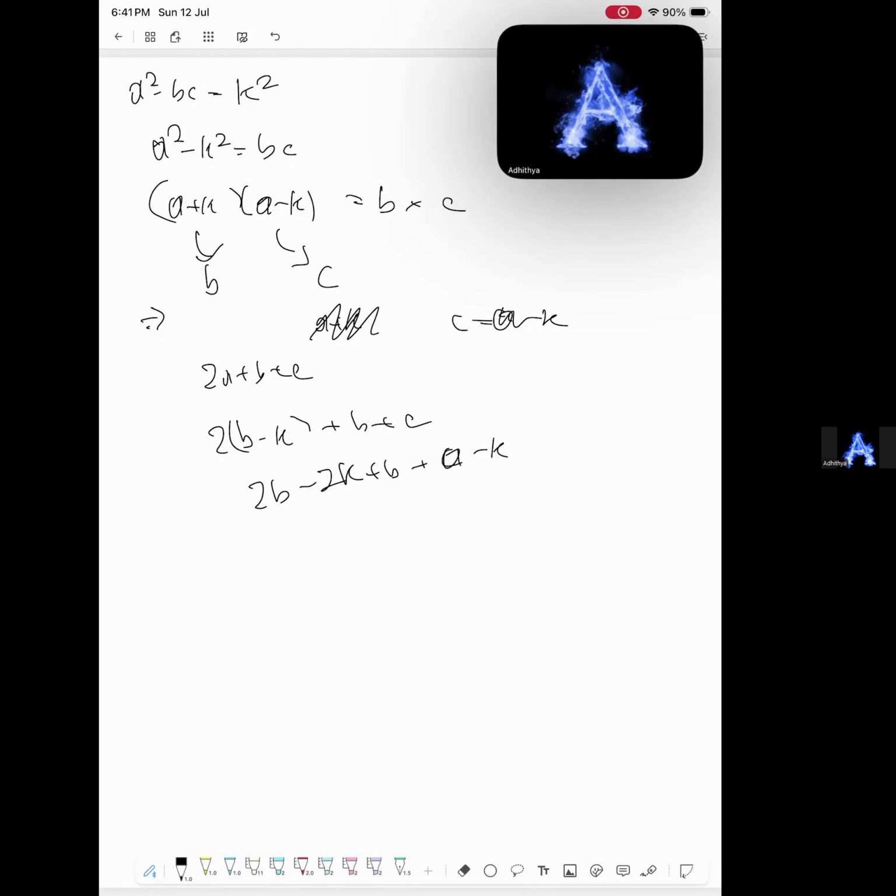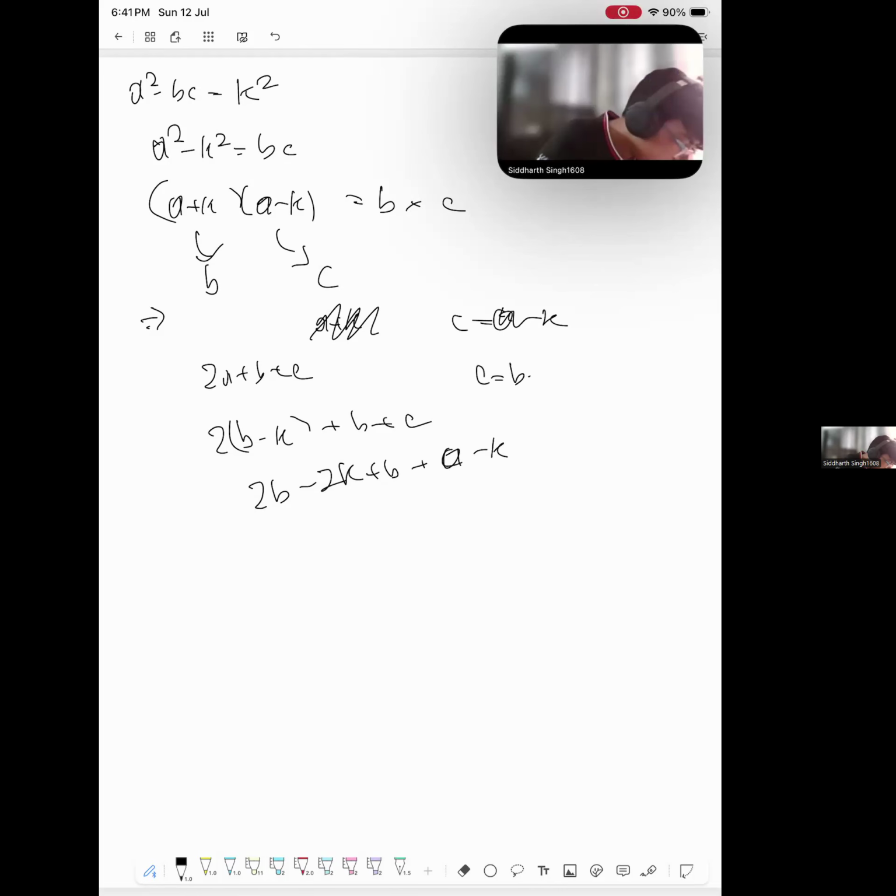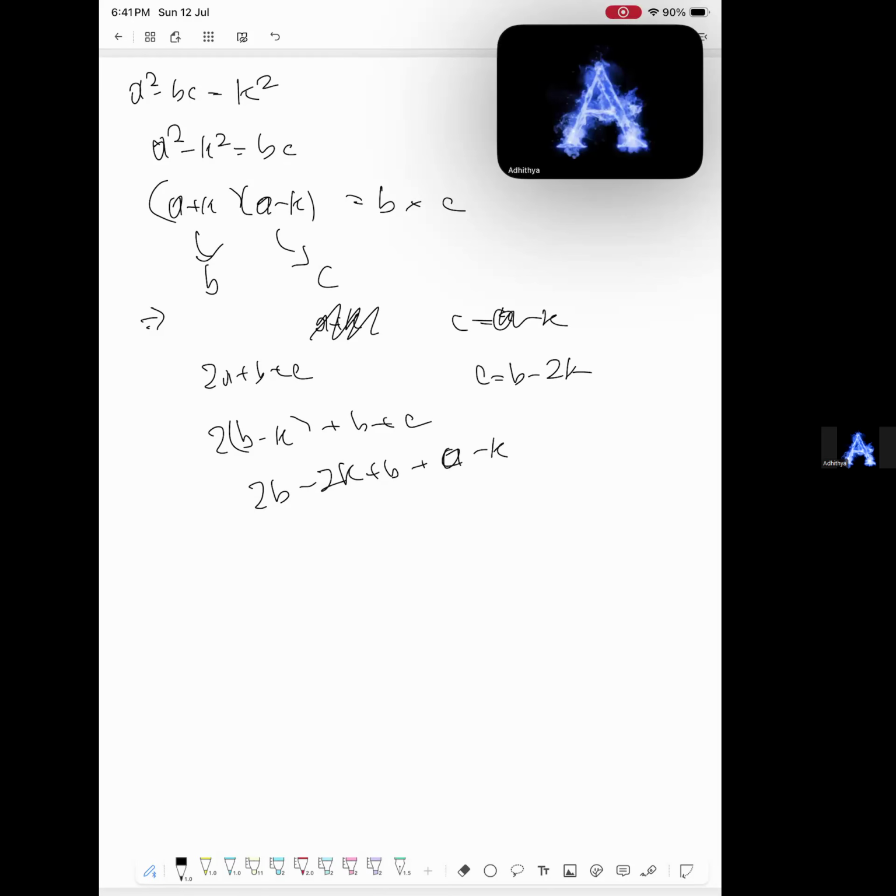C is equal to a minus k. A is b minus k, so c must be b minus 2k, right? Then you substitute c in this 2a plus b, and you just add up the like terms, you're going to get 4. This already proves that this is going to be impossible.